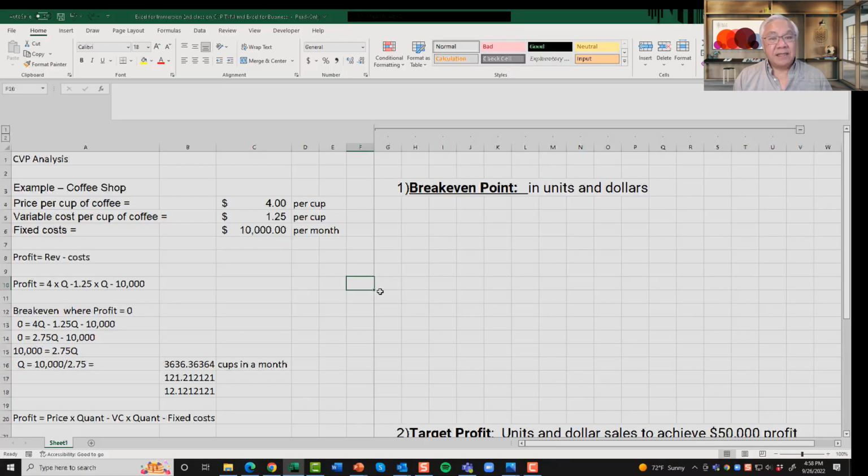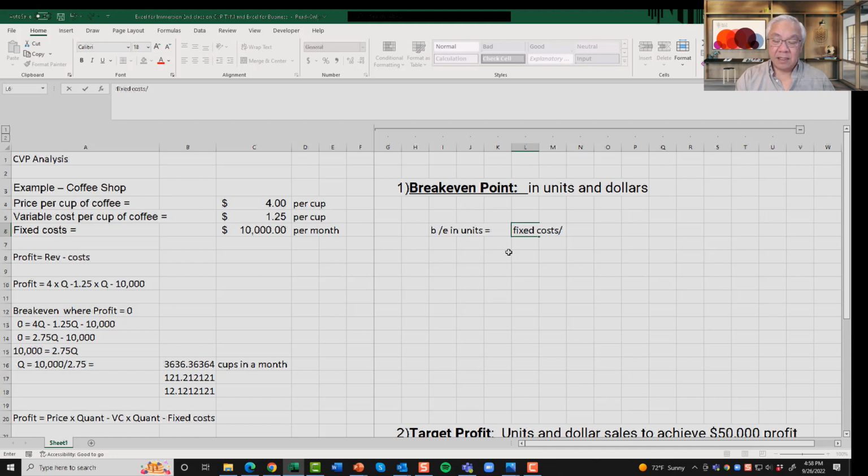All right, so we did the break-even point, and there is a shortcut to it. The shortcut for break-even in units is equal to the fixed cost divided by the profit contribution per unit.